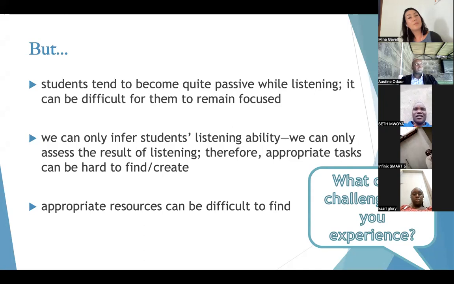Apart from that, sometimes if you want to teach them listening from a comprehension, and you want them to retell what they have heard, it may be difficult, especially when it was a comprehension that was quite long. The students might find it difficult to remember.